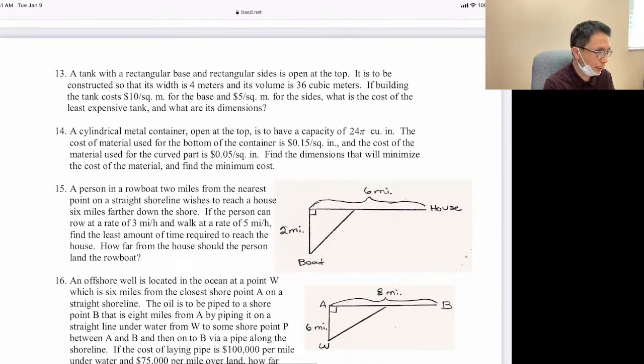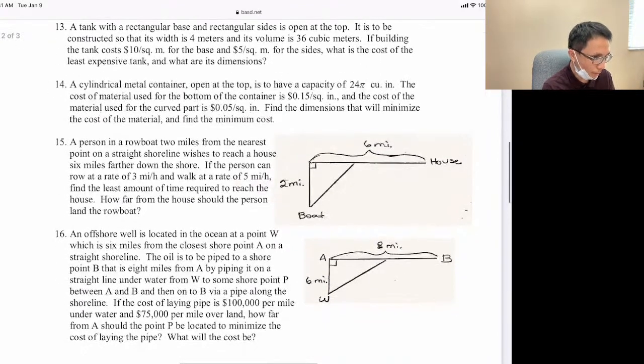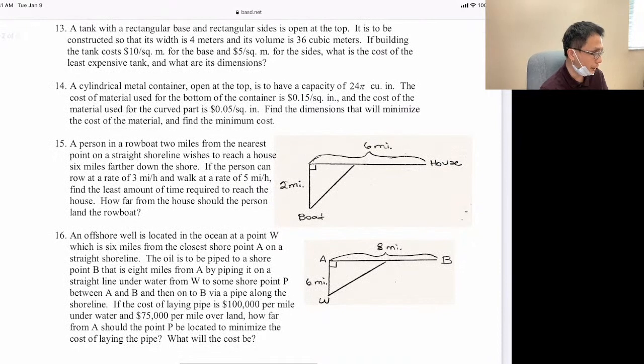So we already taught you how to do 13. And you can do 14. 15 and 16 are also cost efficiency. So 16 is actually a very good question. 16 is a cost based on building a pipeline. Like there's offshore drilling.